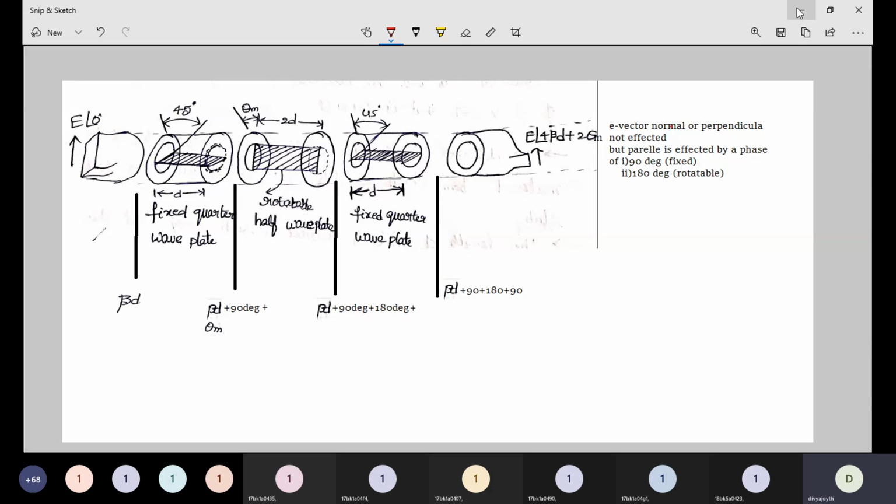Take down the problem. In a directional coupler, incident power is 1000 milliwatts at port 1.